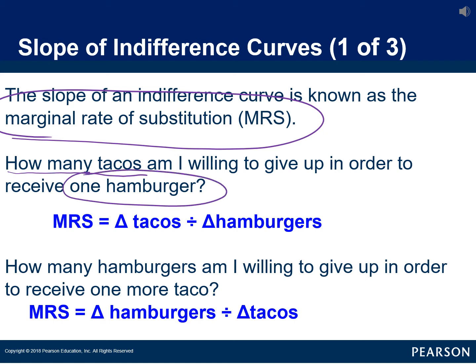So we're dealing with tacos and hamburgers. In this case, these indifference curves are going to tell us how many tacos the consumer is willing to give up in order to receive one hamburger, and vice versa. How many hamburgers is the consumer willing to give up to receive one taco? So let's check that out.